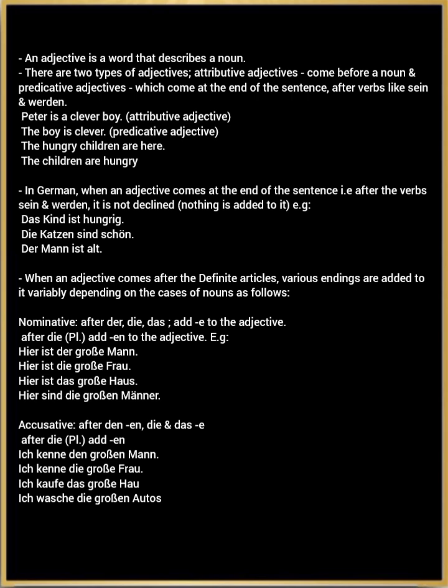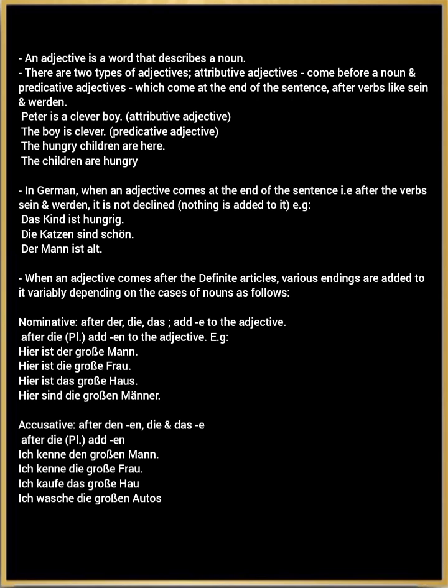So I'm going to give you two examples to see exactly what the attributive and the predicative is. Look at the following. Peter is a clever boy. Now in this case, clever describes boy.